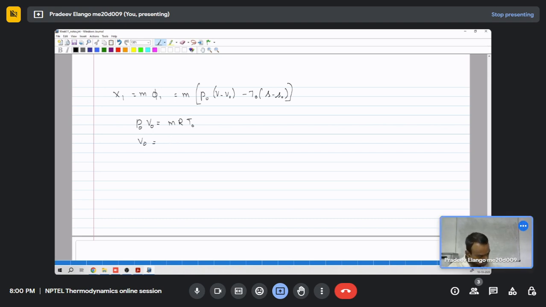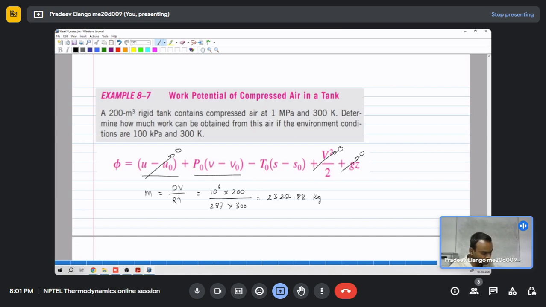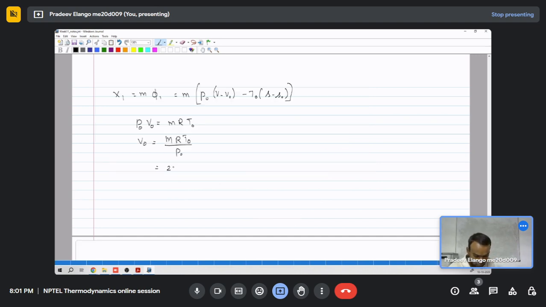Here M is 2322, I can approximate this to 2322, into 287 into temperature is 300 Kelvin by pressure is 100 kilopascal, 100 into 10 power 3. Sir, it's exactly 2, sir. 2 meter cube. 2 meter cube. Okay.